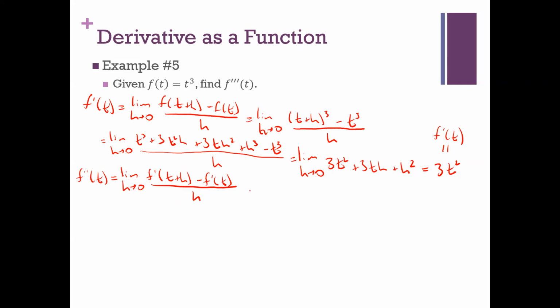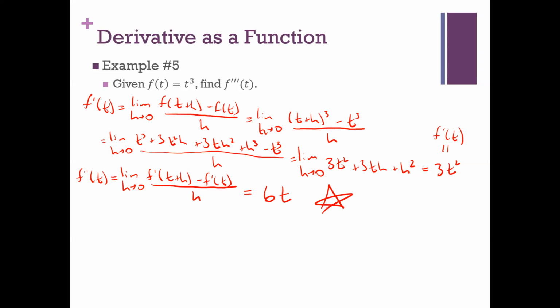I don't think you need to watch me do this calculation over and over again. I think it's worth practicing. Make sure you can actually do it, but I don't know if it's value added to watch me do it for 5 minutes. So the second derivative is 6t.